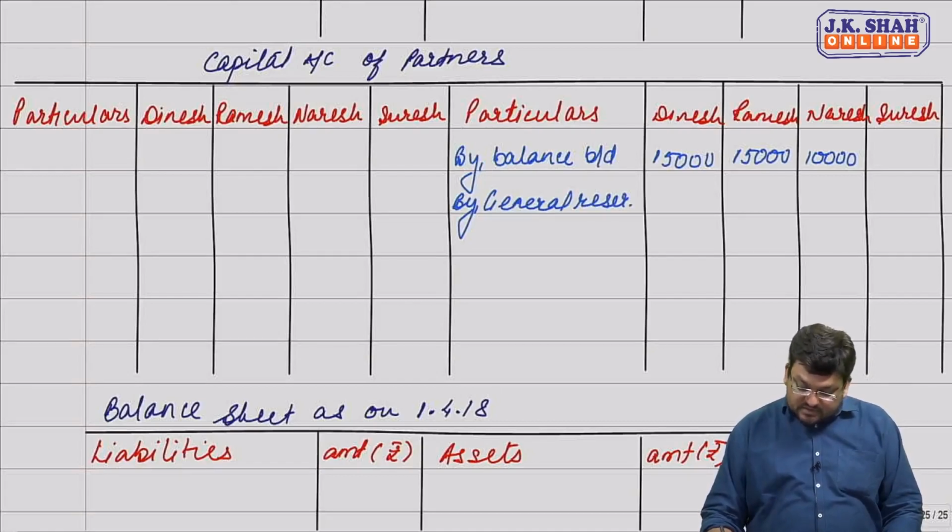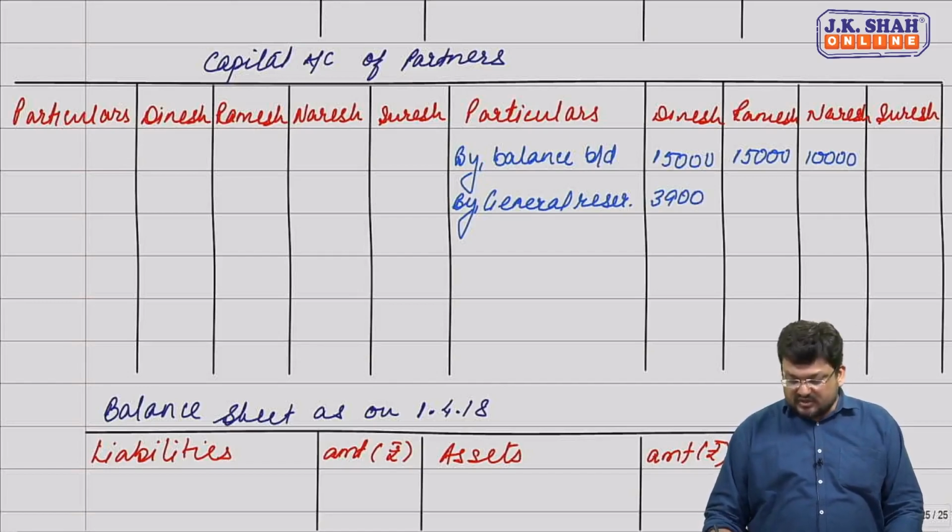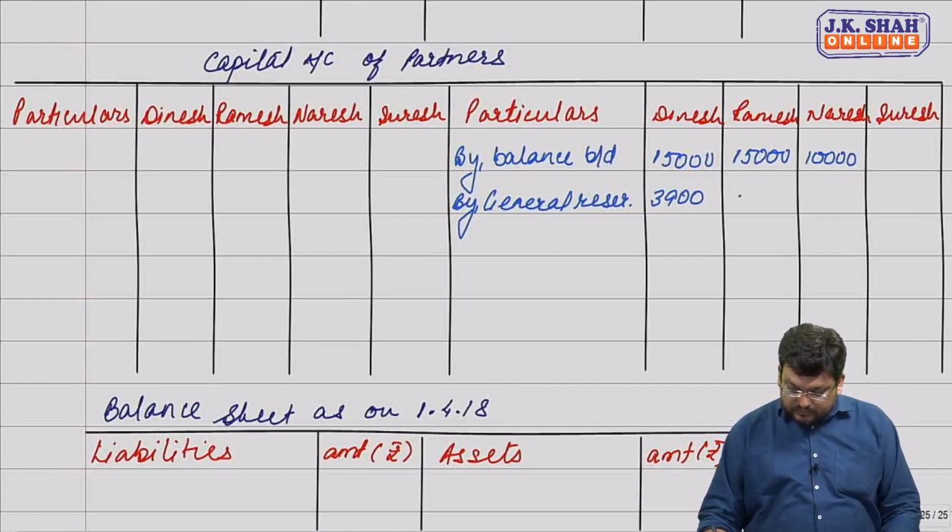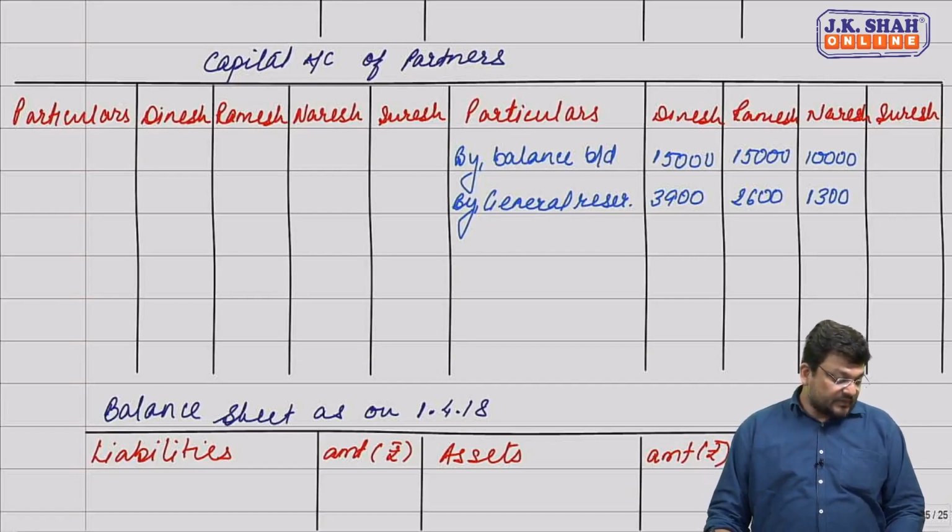General reserve will be distributed among partners in the ratio 3:2:1. So 3,900, 2,600 and 1,300. Then cash and bank balance of 2,800 and 2,200 is given.